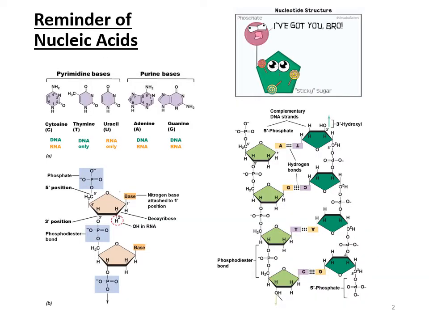So the first thing we have here is just a reminder of the nucleic acids. And you'll notice that there is this little area here with the pyrimidine and the purine bases that are part of nucleic acids. And the trick to remembering which is cut pie.